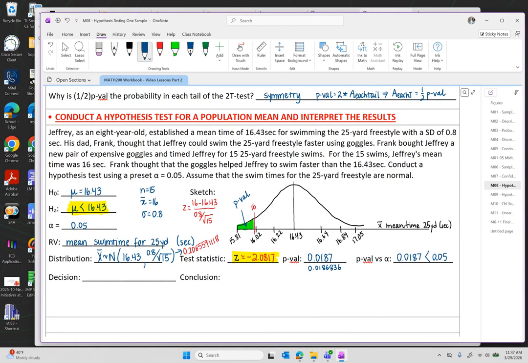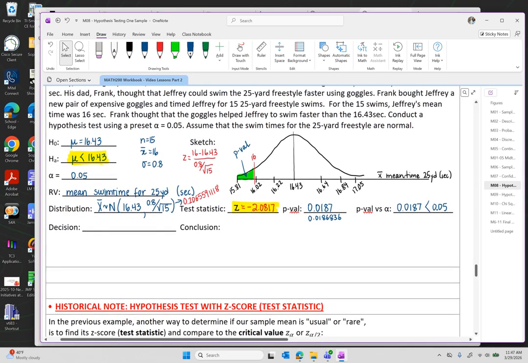And that means that if the theoretical mean is 16.43, then the sample we got of 15 swim times is actually unlikely to come from this population. It has almost 2% chances of coming from this distribution versus the 98% of all the other potential times that could come from this distribution.